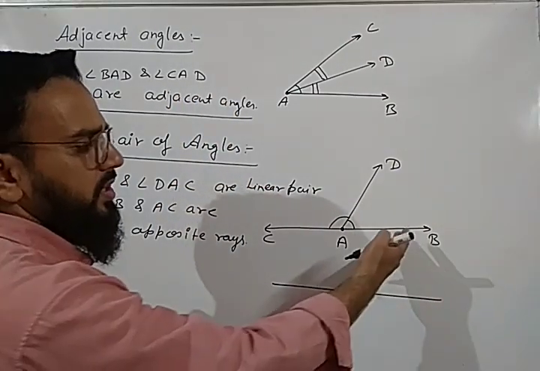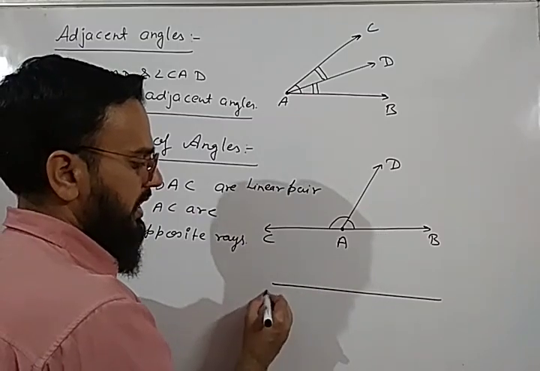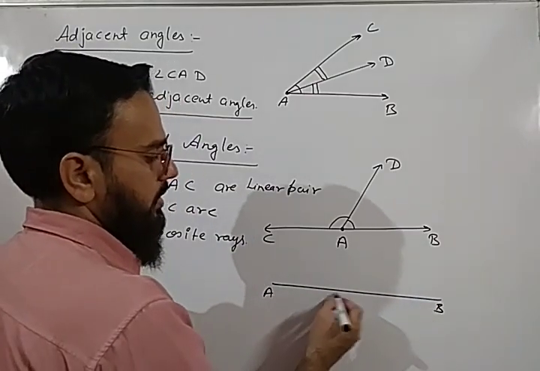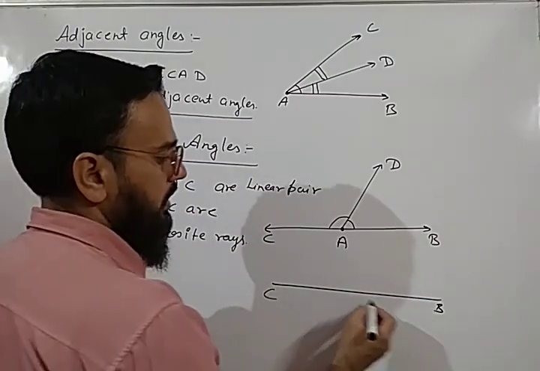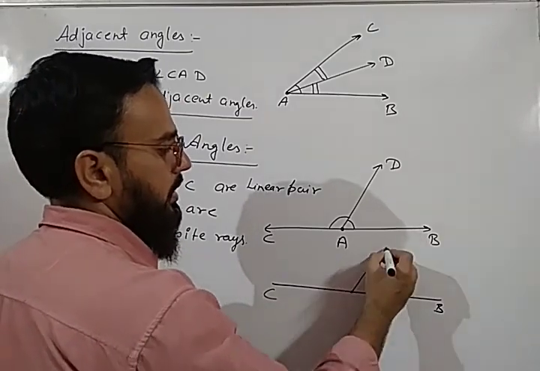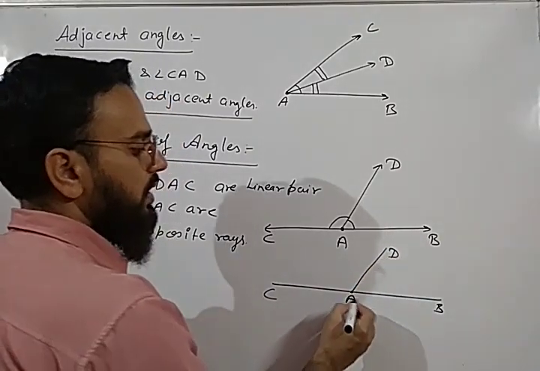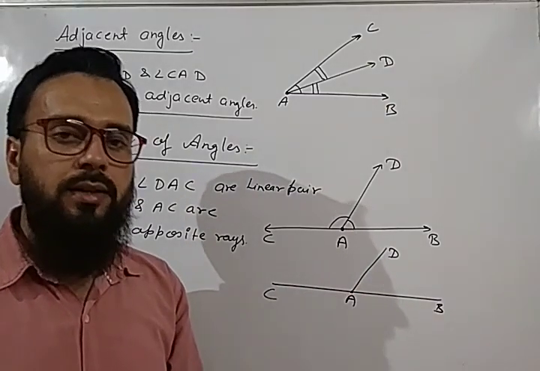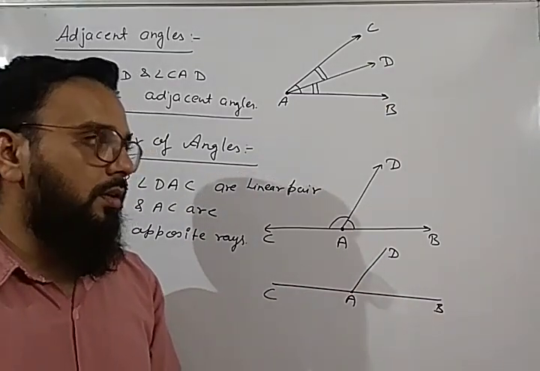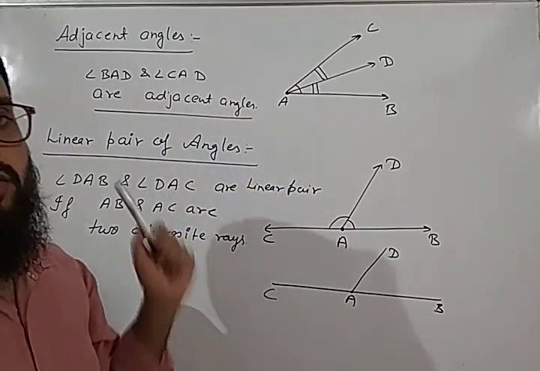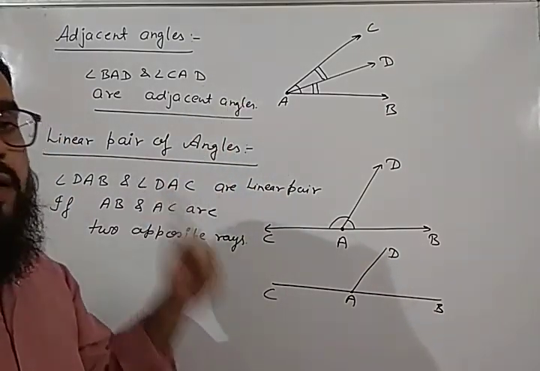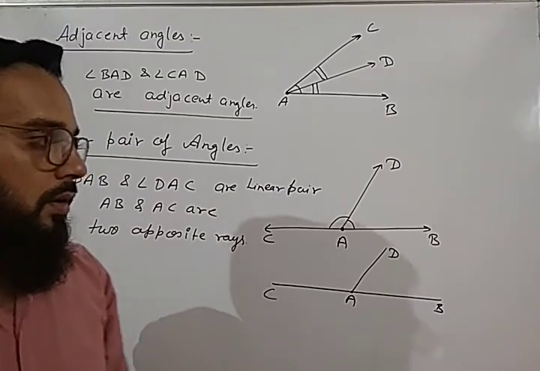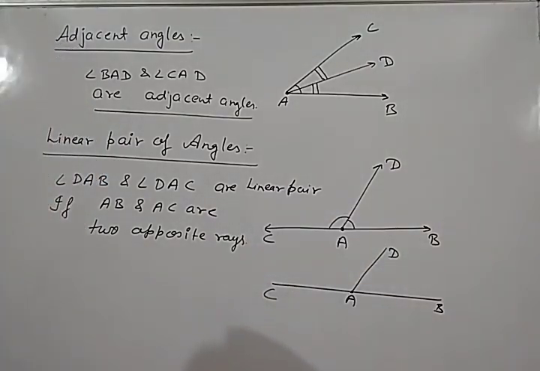If we consider it not a ray but just a line, then BC will be a straight line, and from point A another line is drawn, AD. So these two angles will be a linear pair of angles. Clear? So these are the two important angle relations: adjacent angles and linear pair of angles. Note it down.